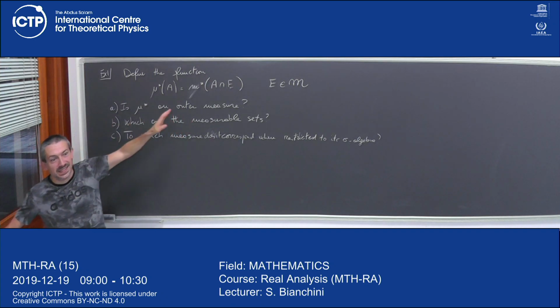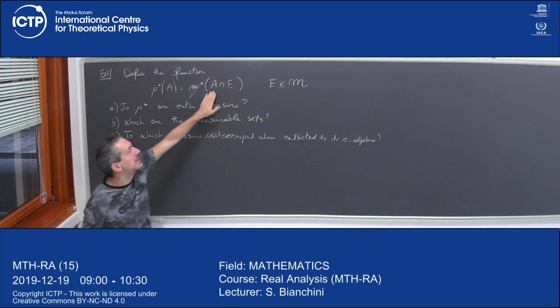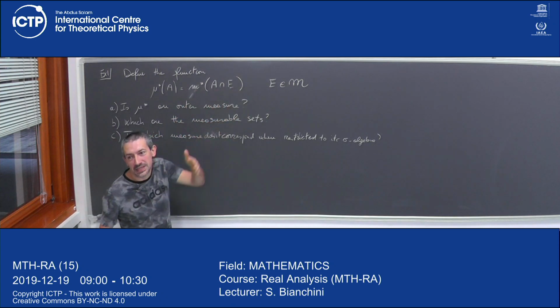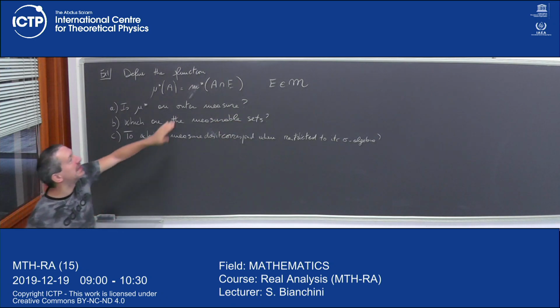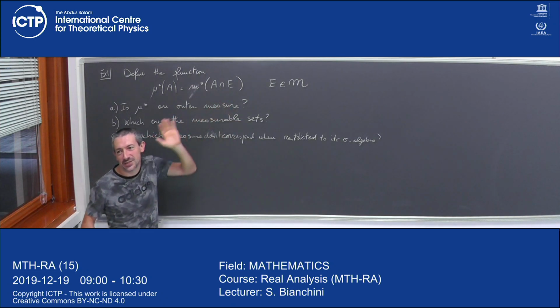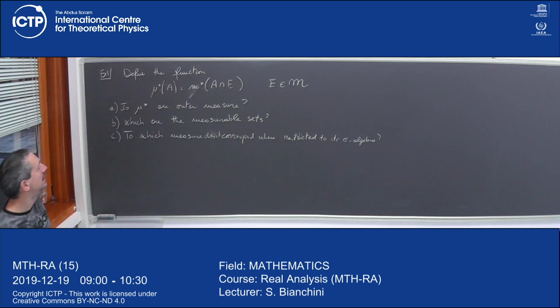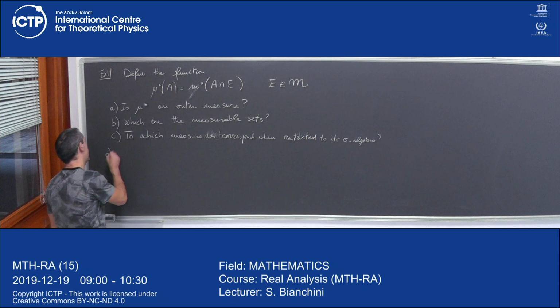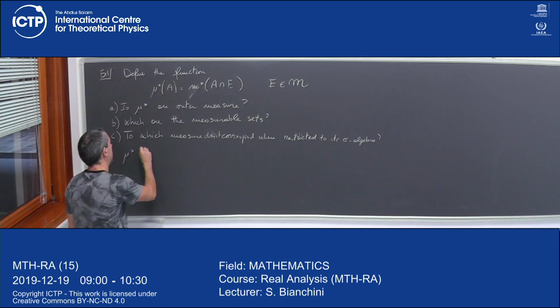It's simply M star restricted to some particular sets. You just need the subadditivity of M star on this class of sets, which are subsets of E. So it's elementary. So mu star is an outer measure.